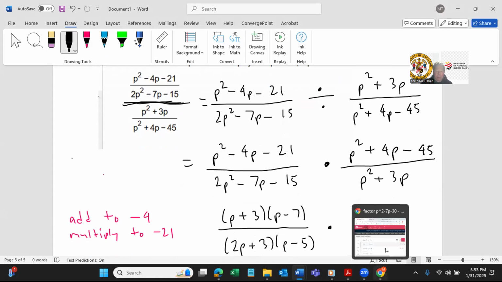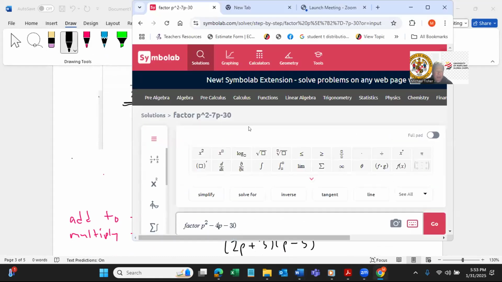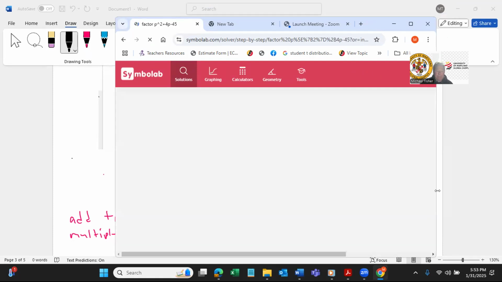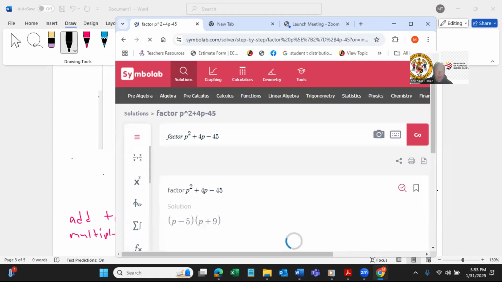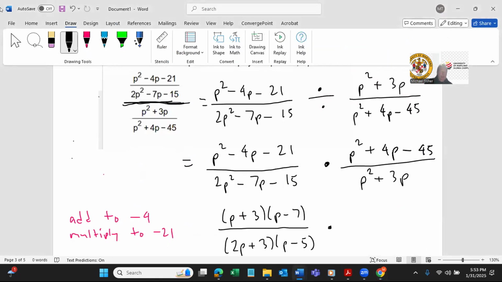Let's see what symbolab.com says. And here it says p minus 5 in parentheses times p plus 9 in parentheses. So p minus 5, p plus 9.